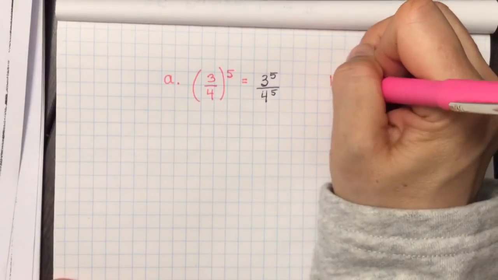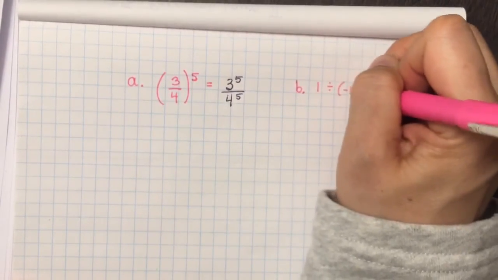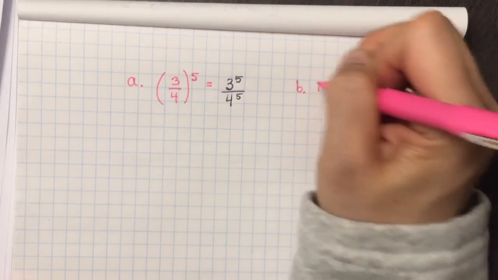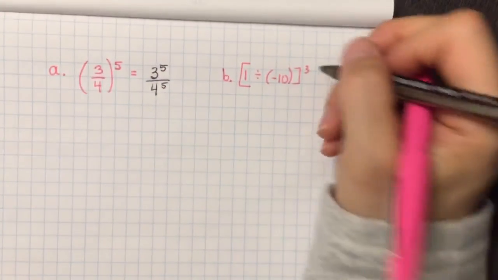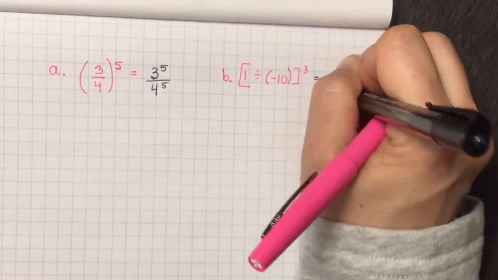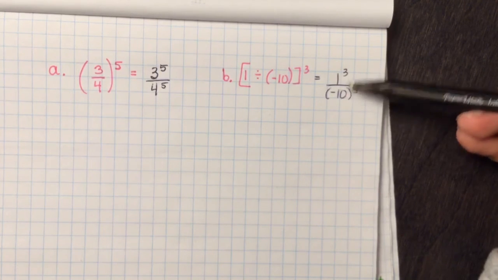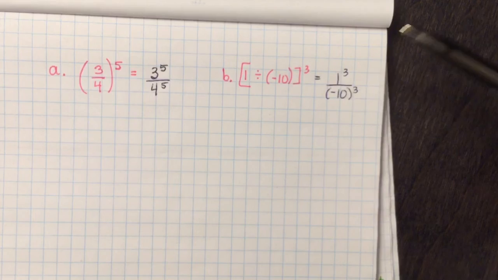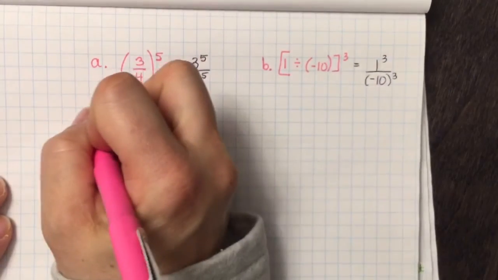B, we have 1 divided by -10, everything all cubed. What do you get? Excellent, that's it. And you don't have to write it like this. I prefer the numerator and the denominator.